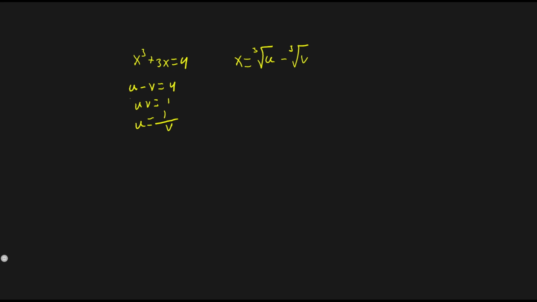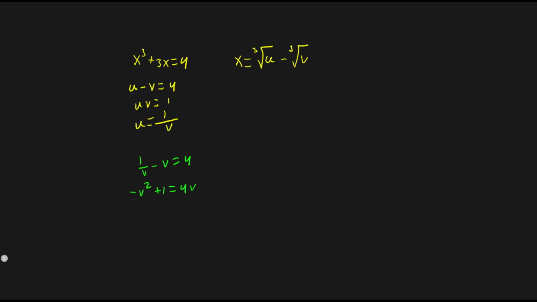So we plug u in for our first equation, where we will end up with 1 over v minus v is equal to 4, and multiplying by v, we have negative v squared plus 1 is equal to 4v.